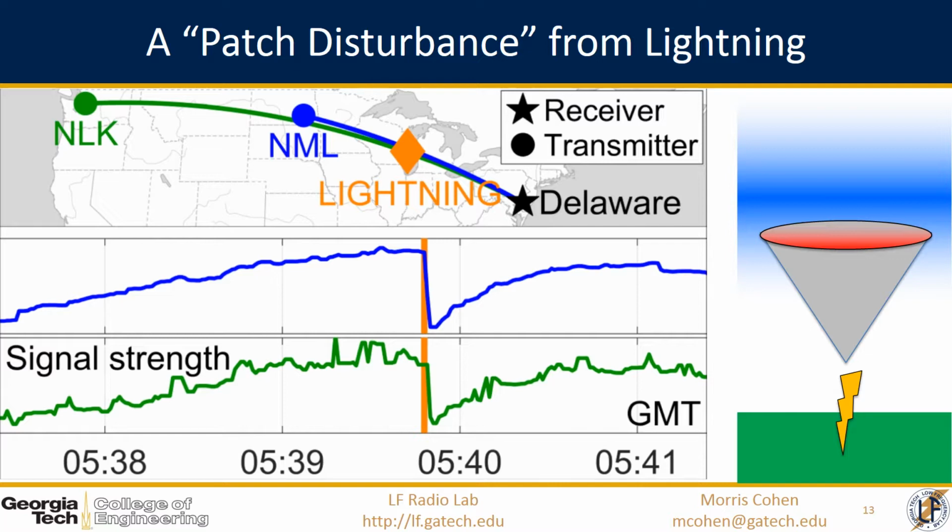And this corresponds precisely to when this lightning stroke happened. So what's happening is lightning is releasing a really intense amount of energy. It's disturbing the upper atmosphere and therefore affecting the propagation of radio waves through that region. So that's, again, using the ionosphere to characterize how radio waves can propagate around the world.